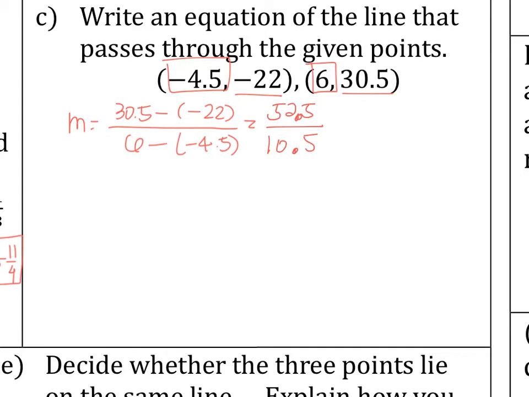And then we shift the decimal one place to the right. And after simplifying this, 525 over 105 should be 5.